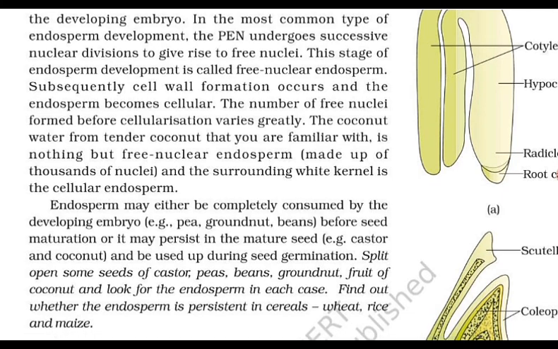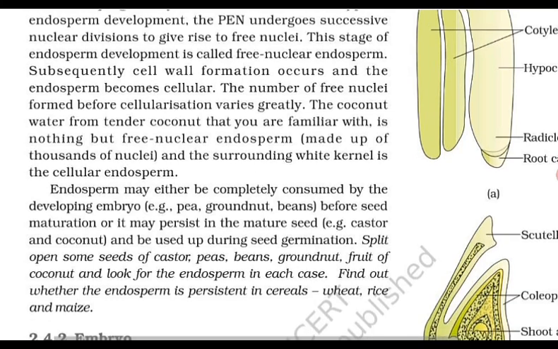You would recall that in some plants, pollen grains are shed at the two-celled condition, that is, a vegetative cell and a generative cell. In such plants, the generative cell divides and forms the two male gametes during the growth of the pollen tube in the stigma. When does this happen? During the growth of the pollen tube.